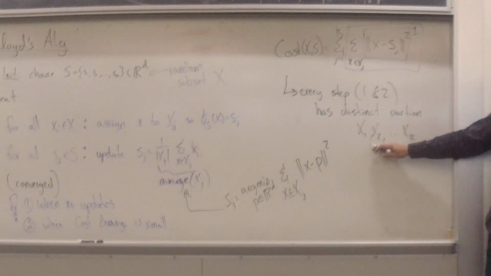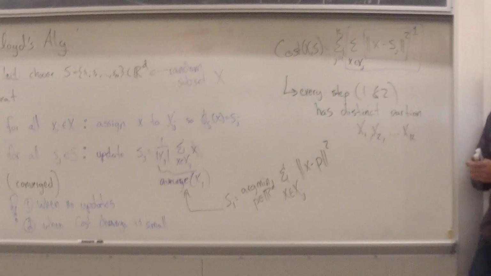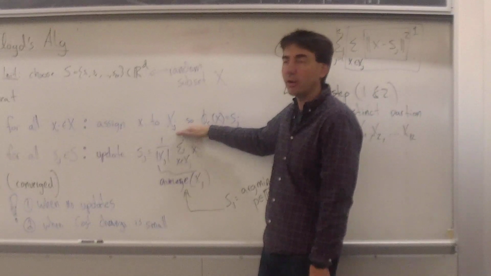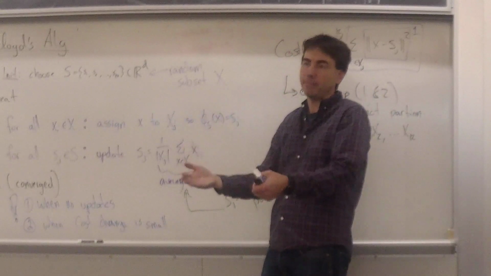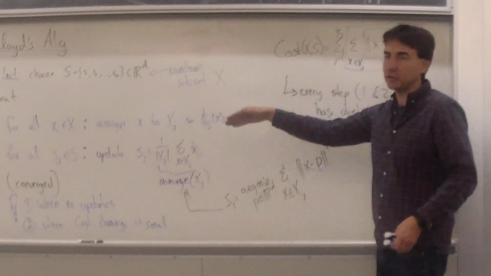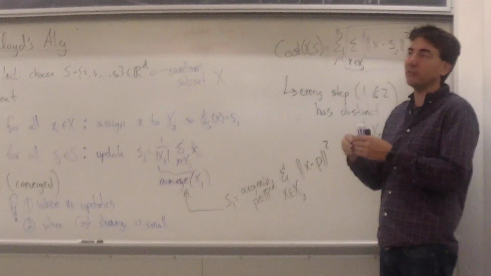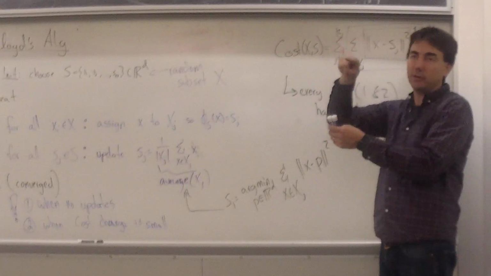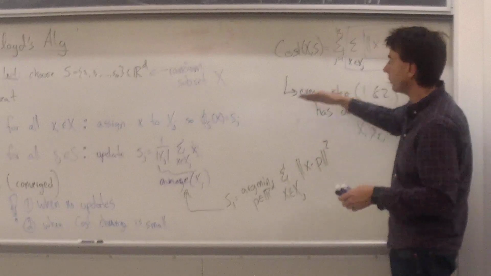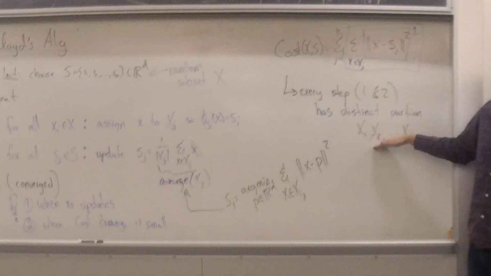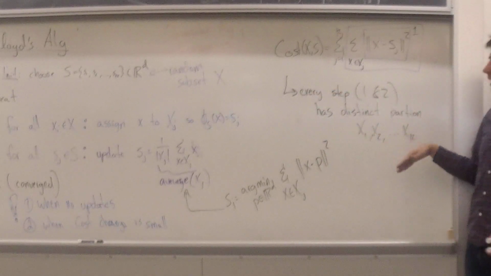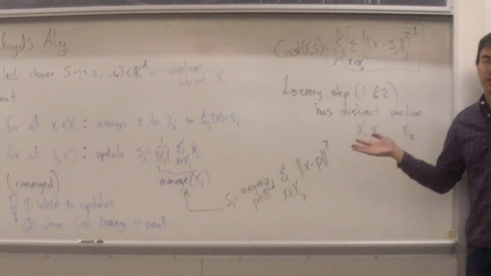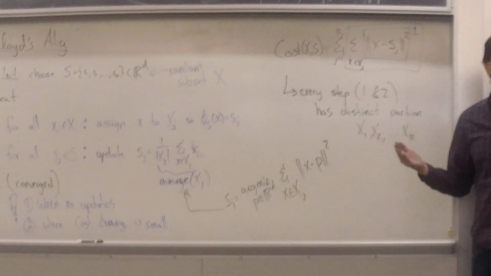This is true because if I look at the partitions I have every time I do step 1 again, the cost is always lower than the previous time. So I can't go back to a partition I saw before, because that means I would have had to increase the cost to go back to it. And I know that can't happen. So the cost is always decreasing, so the partitions are always distinct. Even though the set of centers I could choose is infinite, the set of partitions is finite.